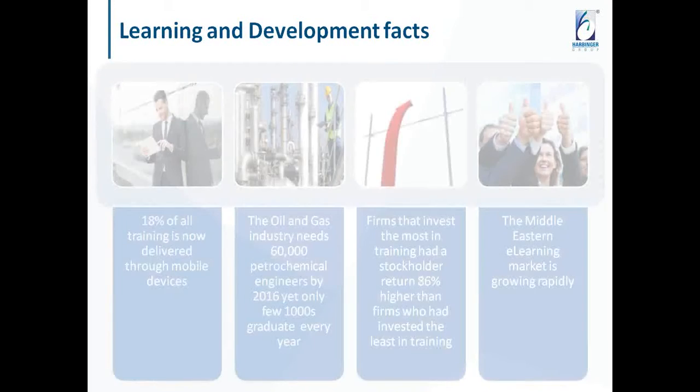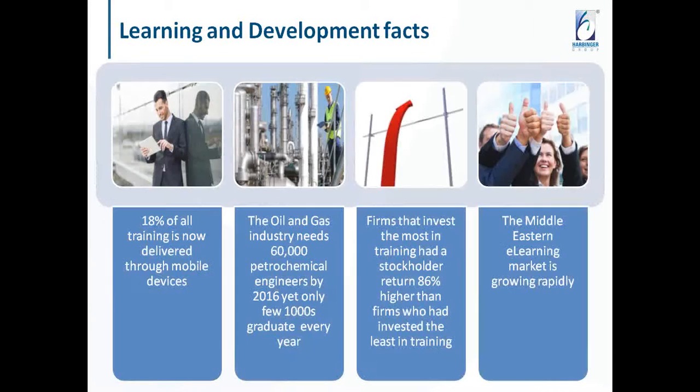Before we move on to this, let us have a look at some learning and development facts. Among the highly advanced companies, as much as 18% of all training is now delivered through mobile devices.